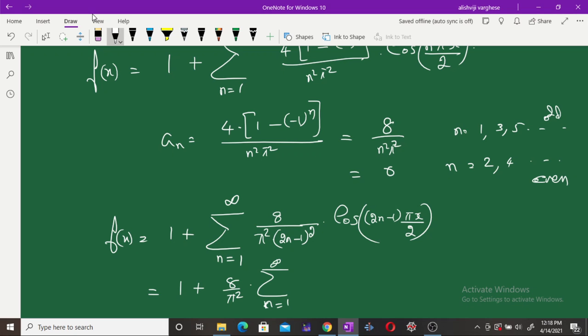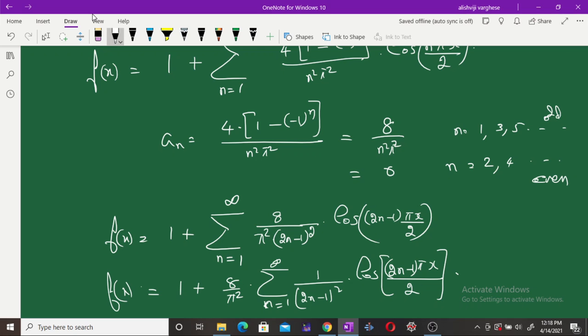It is 1 by 2n minus 1 the whole square into cos of 2n minus 1 pi x by 2. So that will be the Fourier series representation of our function f of x.